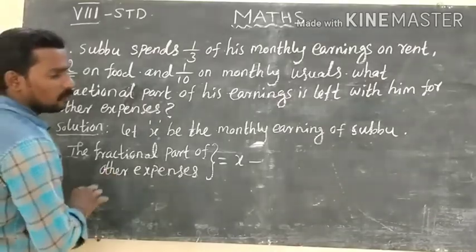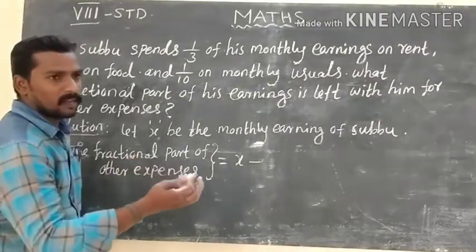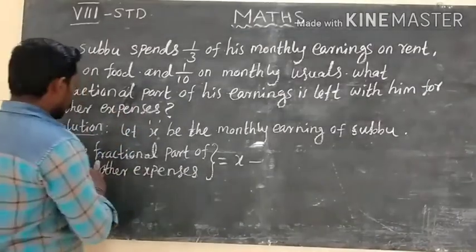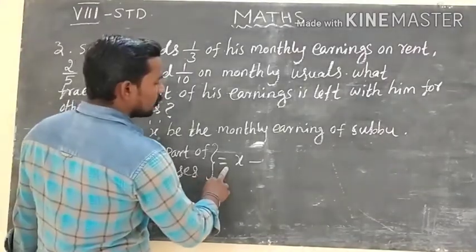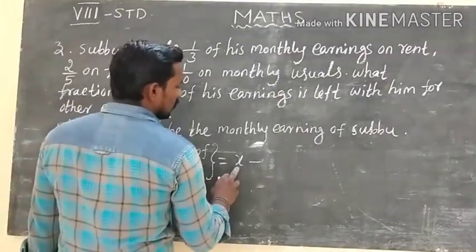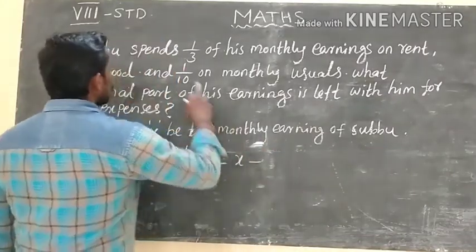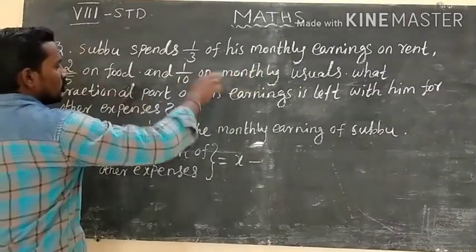If you want the remaining part, the given part is subtracted from the whole part, and we get the remaining part. So the fractional part of other expenses equals X minus the expenditures, where X represents the monthly earning: all expenditures, rent, food and the usuals.